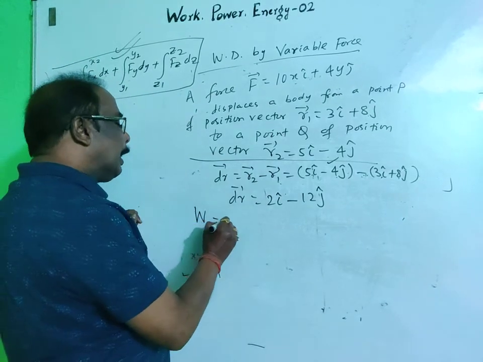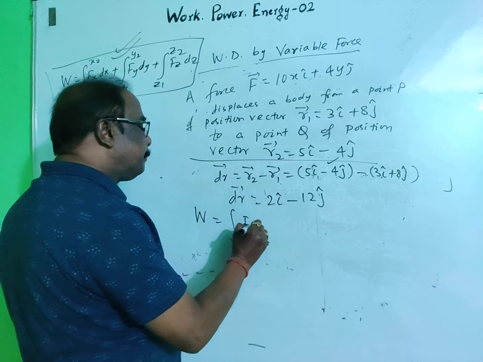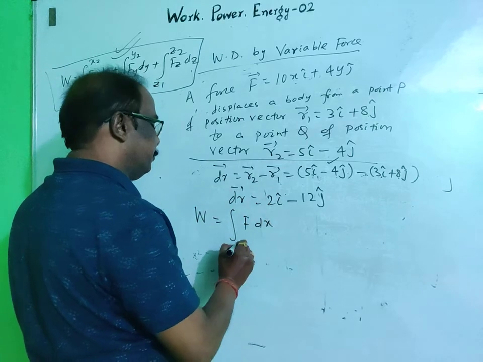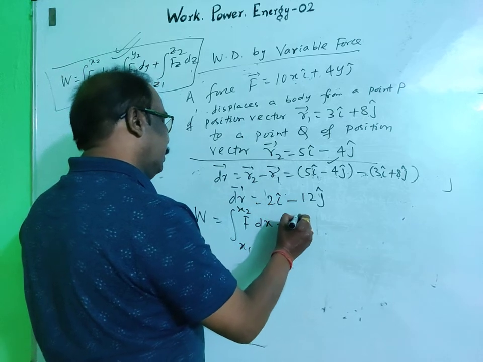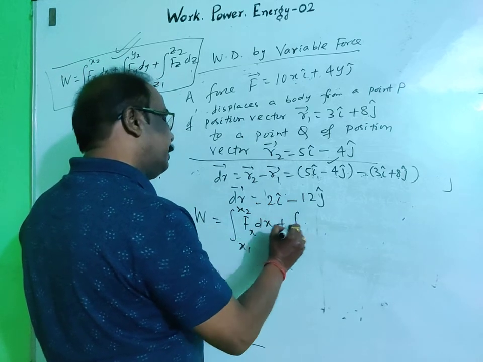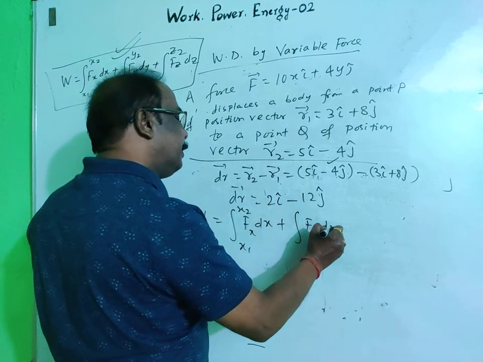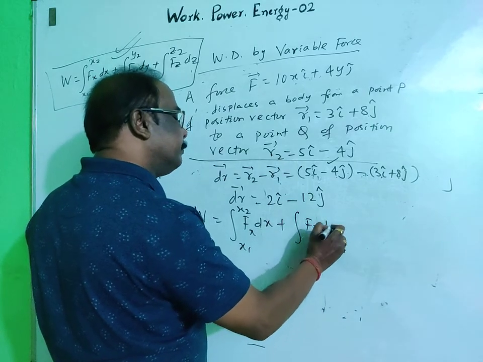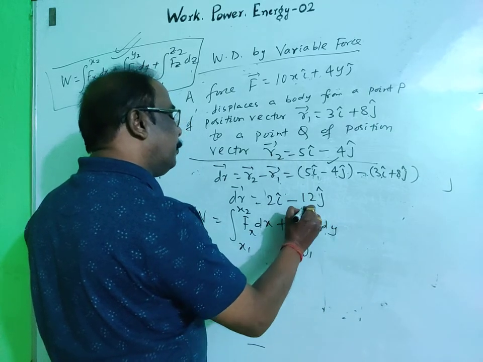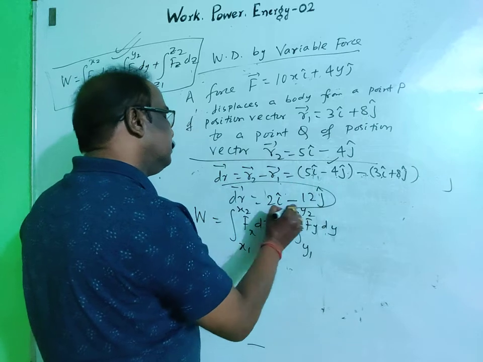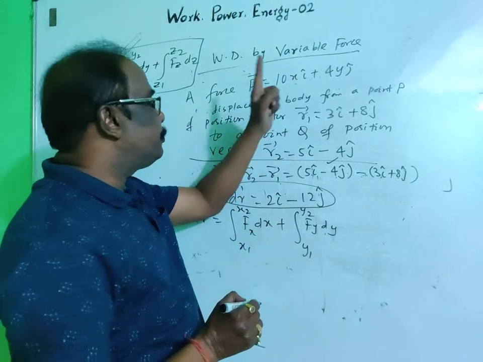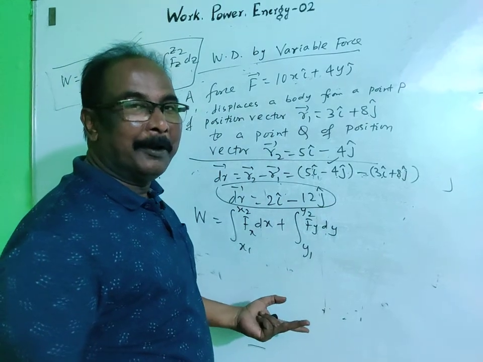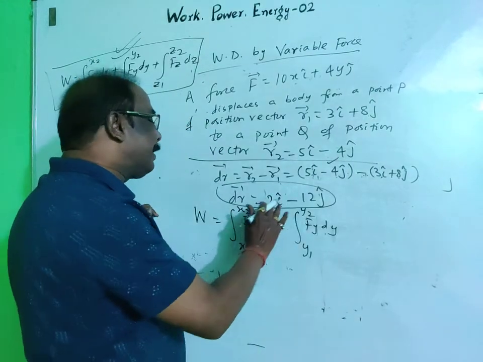See, work is equal to the integration of F dx, limit varies from x1 to x2, fx dx plus fy dy, limit varies from y1 to y2. You can't take the dot product directly where x is variable, so this is not required.